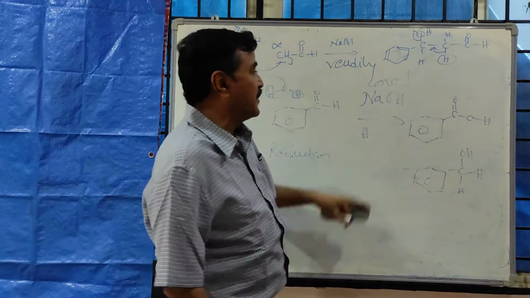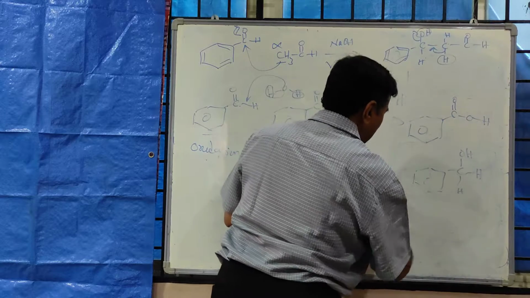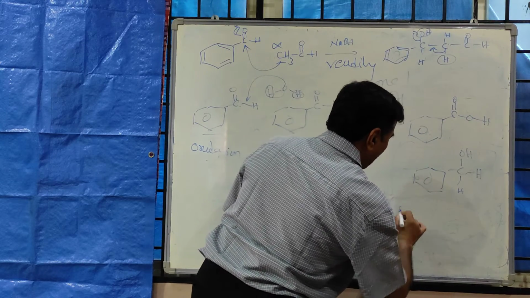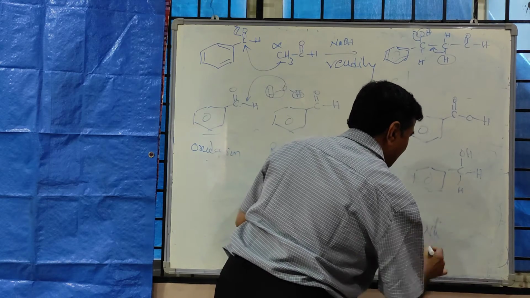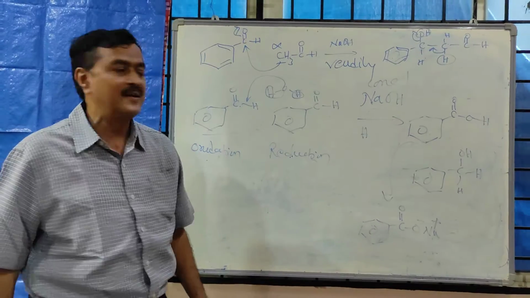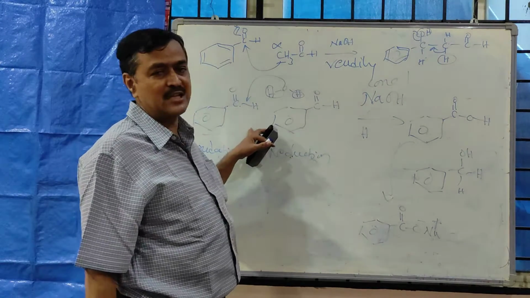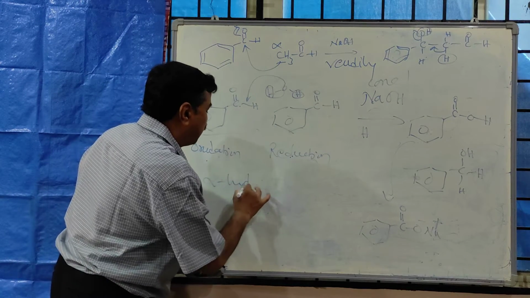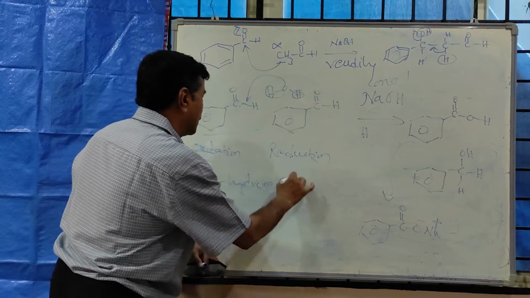Since we are in NaOH medium, this will be converted to which one? The benzoic acid. This acid will be converted to the sodium salt of benzoate, sodium salt of benzoic acid. So this is what we get when we treat two molecules of benzaldehyde, which does not contain alpha hydrogen.